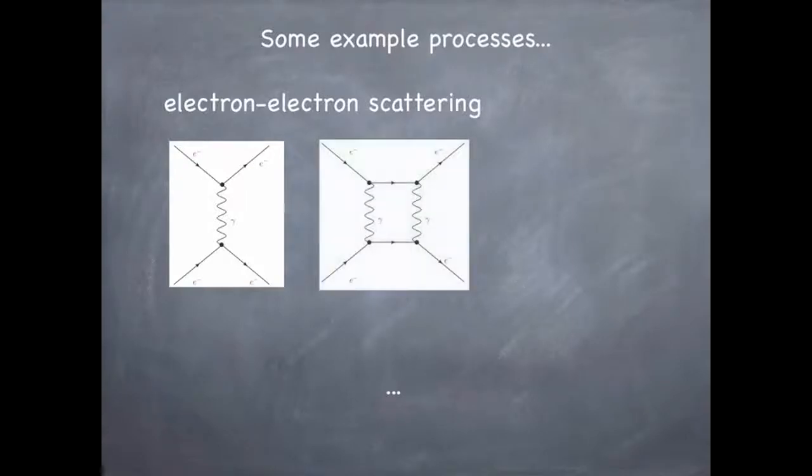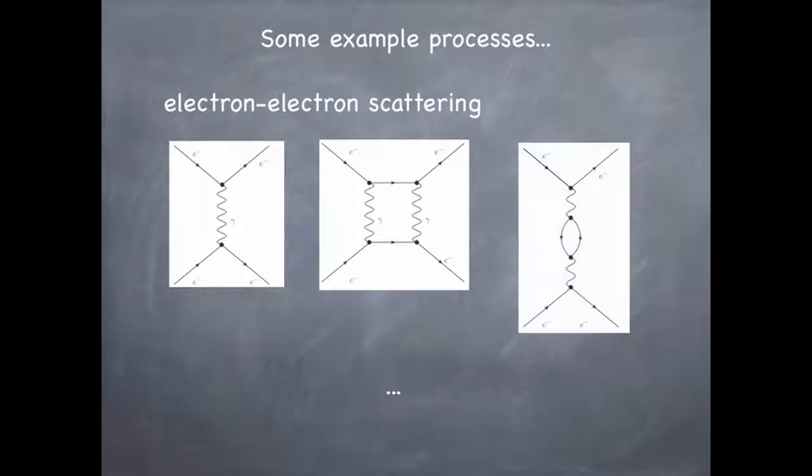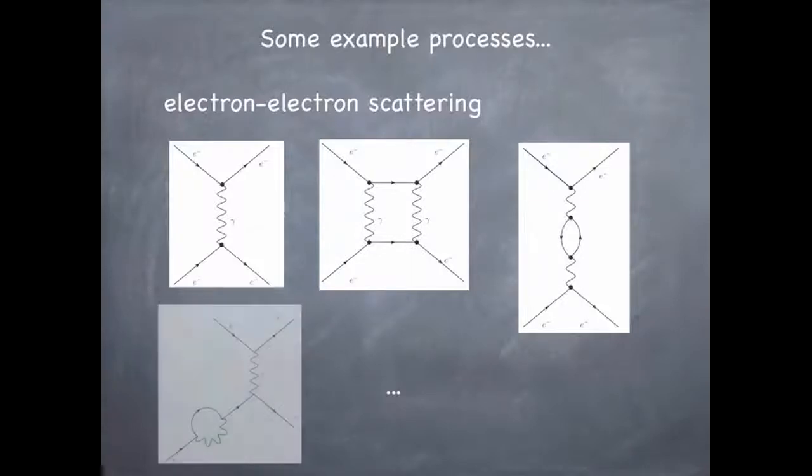But that ain't all that can happen, because you could have 2 photons, and in the middle you could create an electron-positron pair and exchange those between the 2 photons. And so you can see that the thing can get fairly complicated.